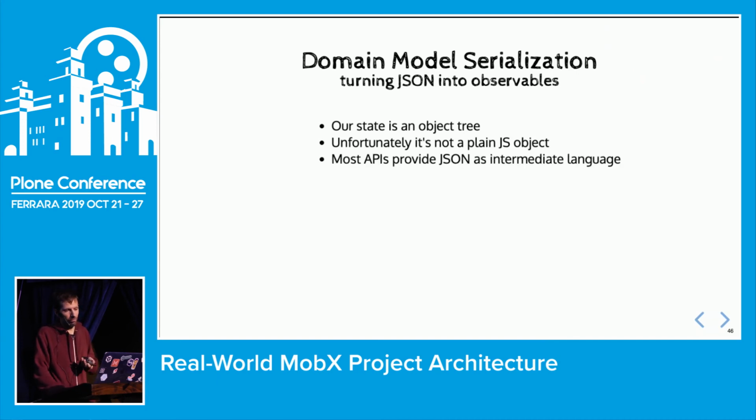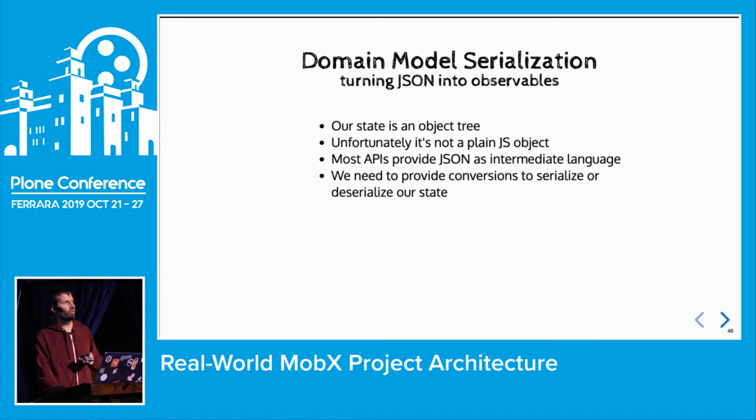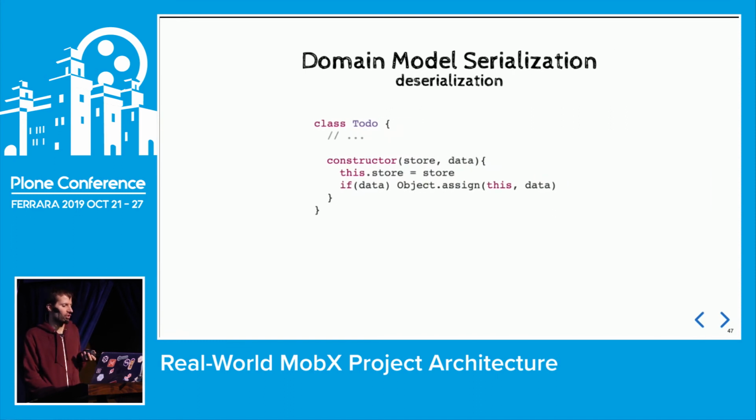So most of the APIs, as you may know, provide JSON as an intermediate language. So you need to provide methods to serialize and deserialize your application state. And that becomes really a mess and a lot of work to do. For example, what we can do is that in the construction of our domain model state, we can pass in the data which comes from the API.